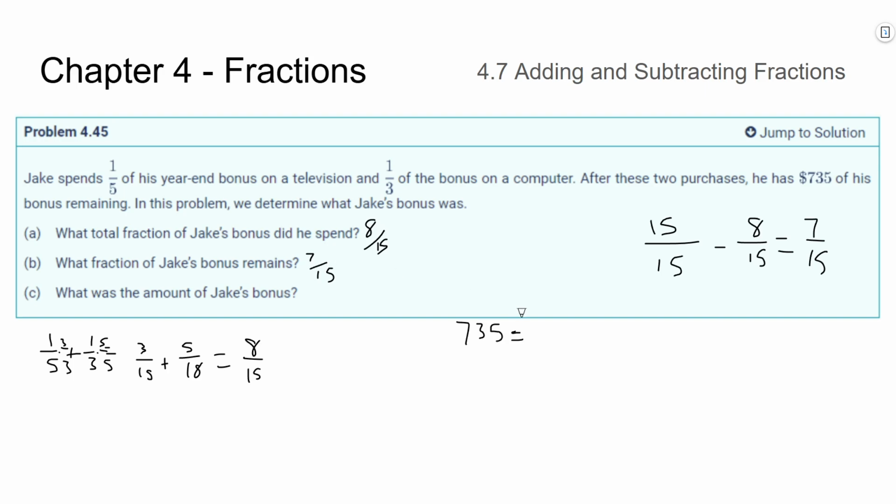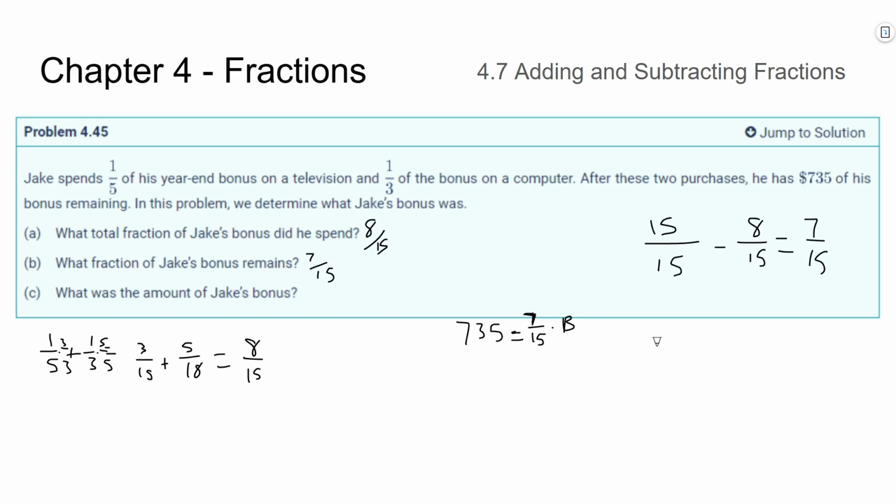We don't know what his bonus is yet, but we know that 735 is 7/15 of that bonus. Of means times. So of his bonus.